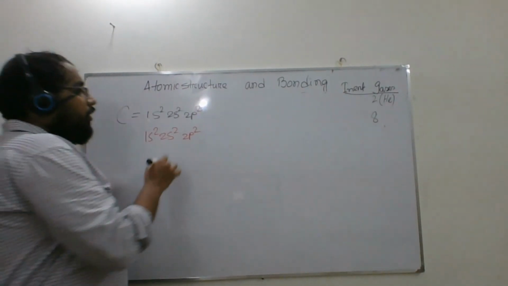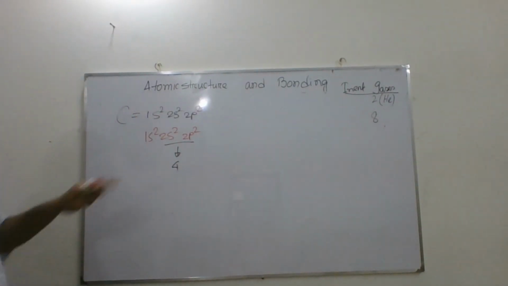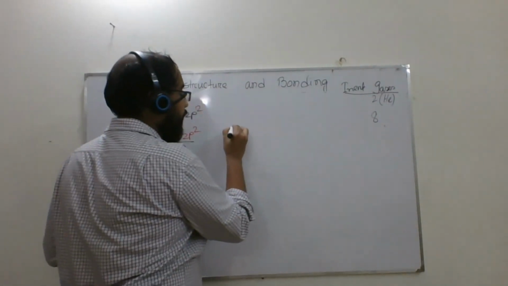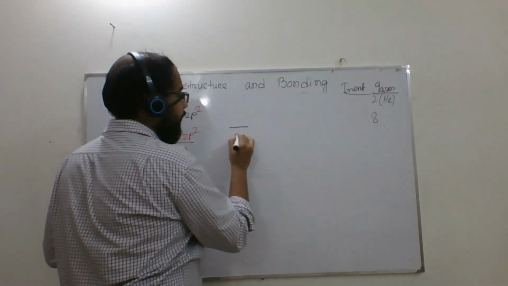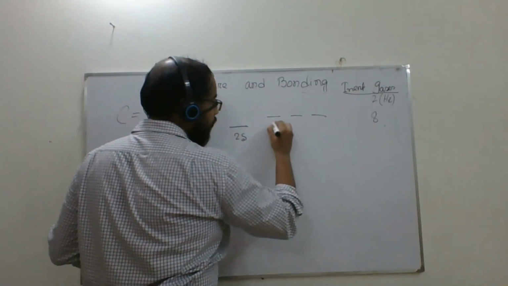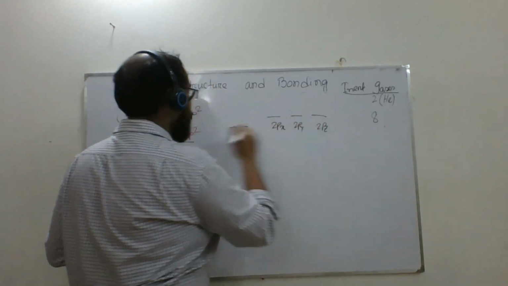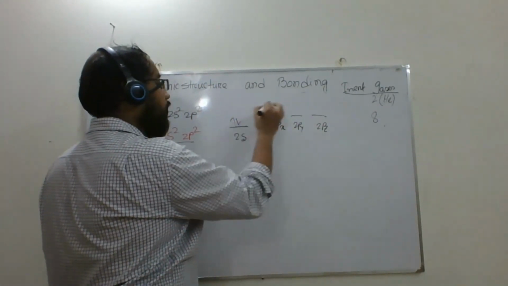These two basically give carbon the valency 4. Now there are two different basic orbitals. If 2s is here, then 2p should be a little bit higher: 2px, 2py, 2pz, because this is higher energy than this one.